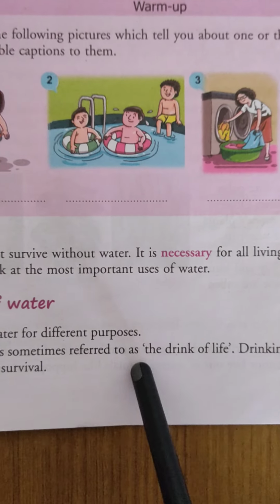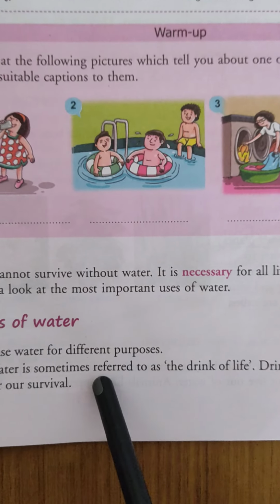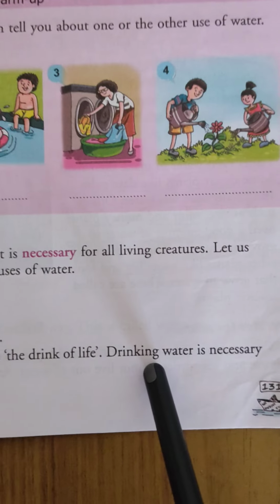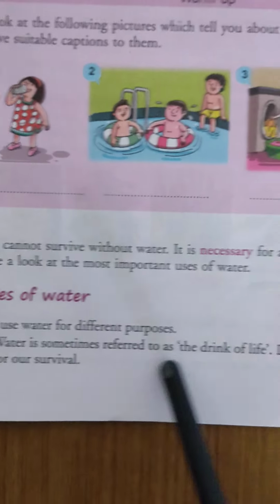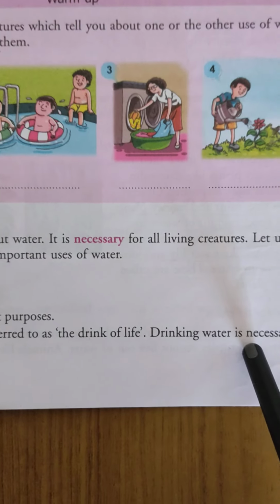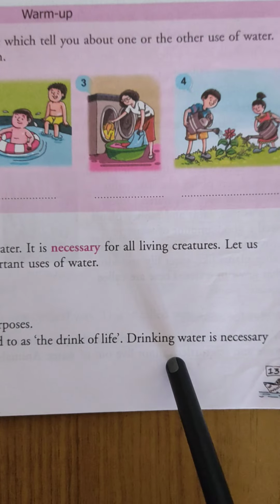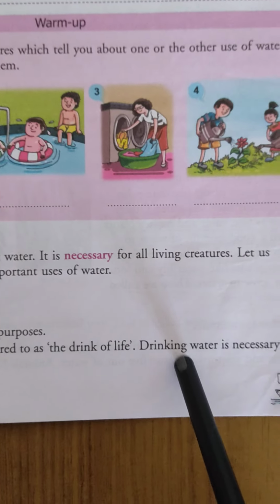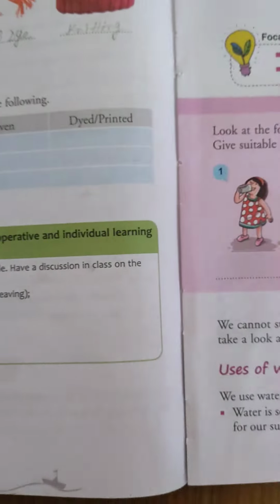The most important thing is this: drinking water is necessary for our survival. If we want to live a healthy life, drinking water is very much necessary for our living.